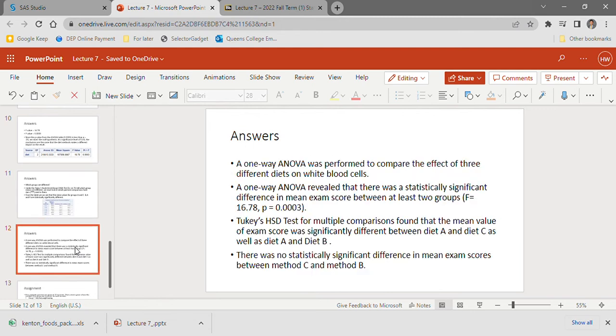So how do we then interpret the results, right? We would say this. A one-way ANOVA was performed to compare the effects of 3 different diets on white blood cells.